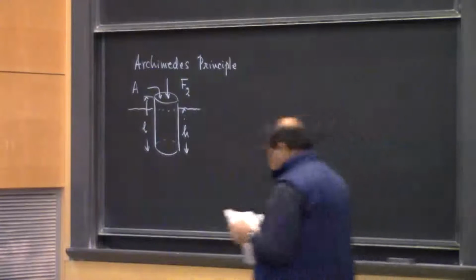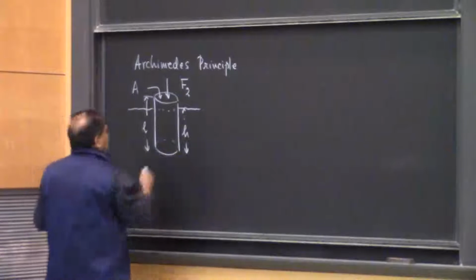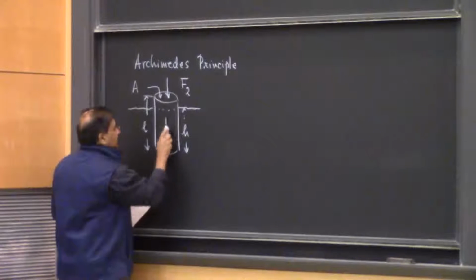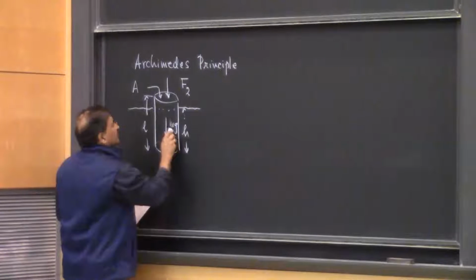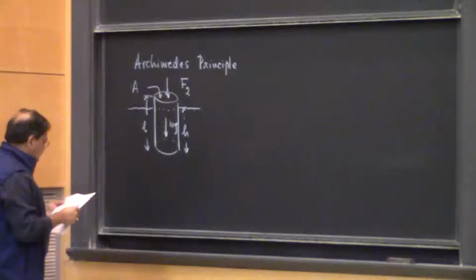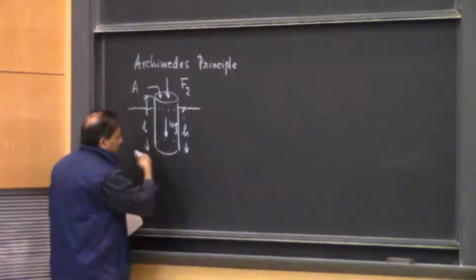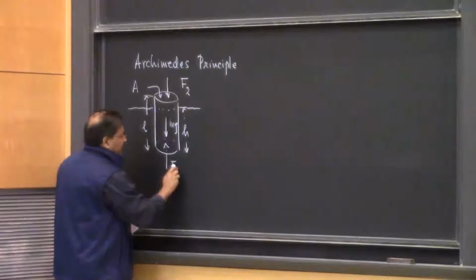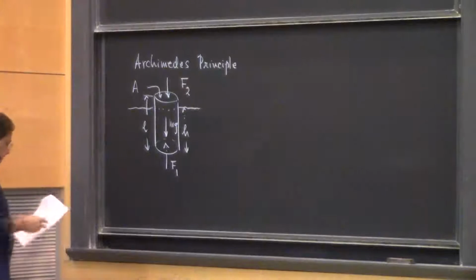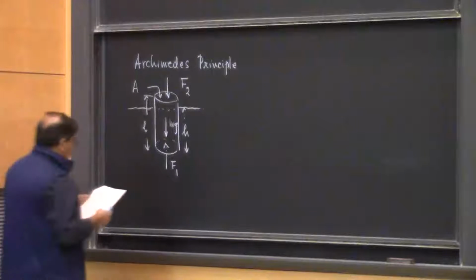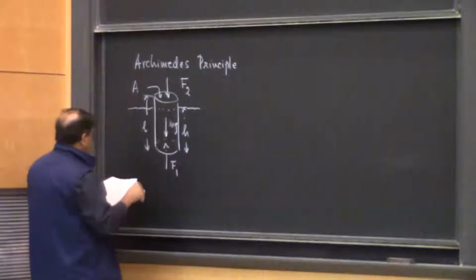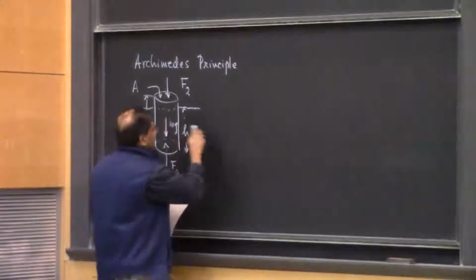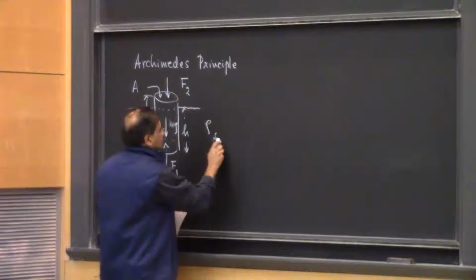So it's a nicely shaped object, so there's no problem. Let's say the weight here is mg. Mg will be acting downward, and presumably because it's in a liquid, there's pressure and so on. There will be some kind of a force here. Call it F1.